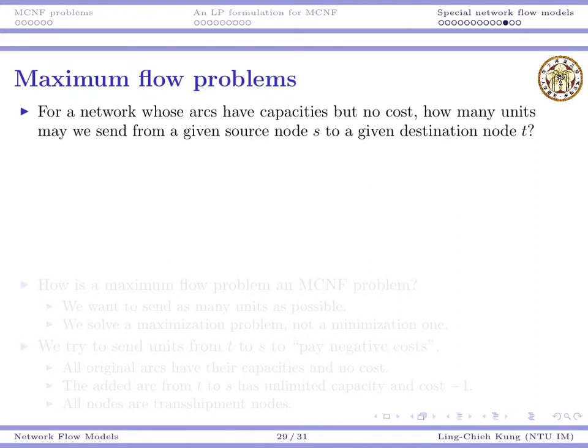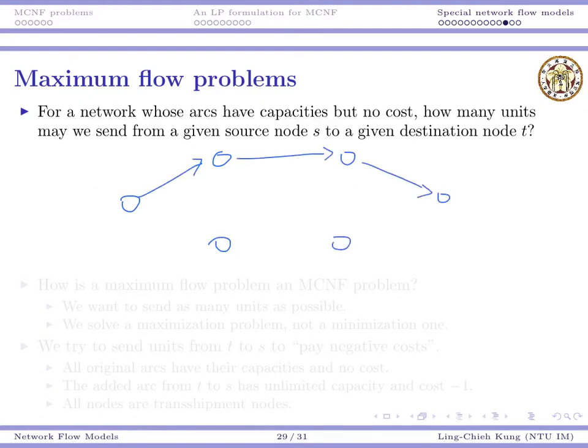Good. So our last problem is the maximum flow problem. Given a network with arc capacities but no cost, we want to ask how many units we may send from a given source node S to a given destination node T. So a graph may be something like this. Let's make it simple.